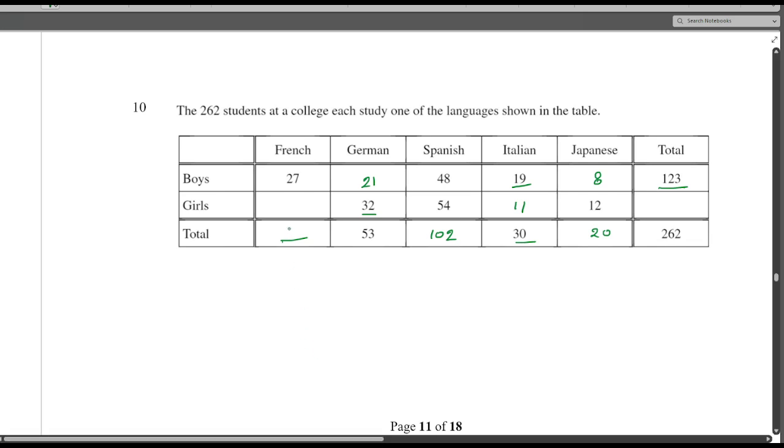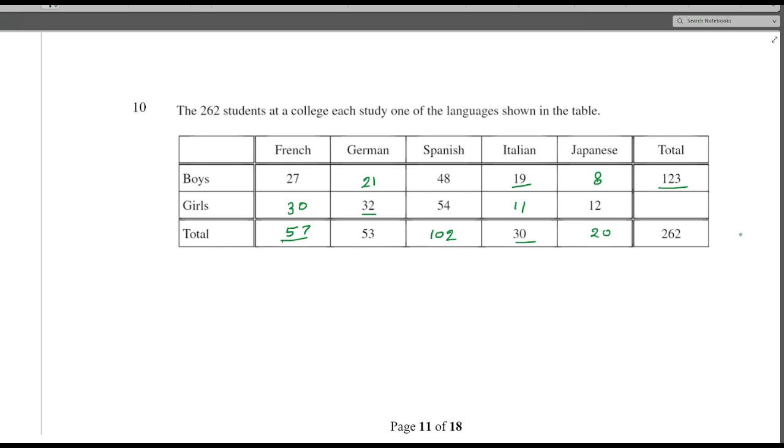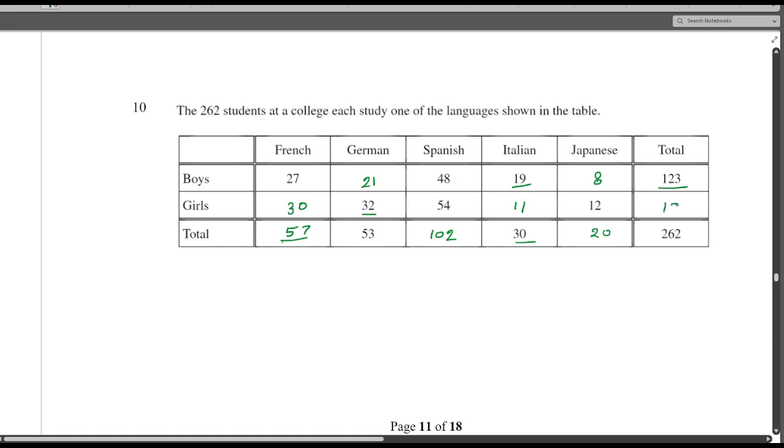So here the total is 57 and 27, and this number of girls will give me 57. So here the answer is going to be 30. Now I will add all these: 30 plus 32 plus 54 plus 11 plus 12. That gives me 139.